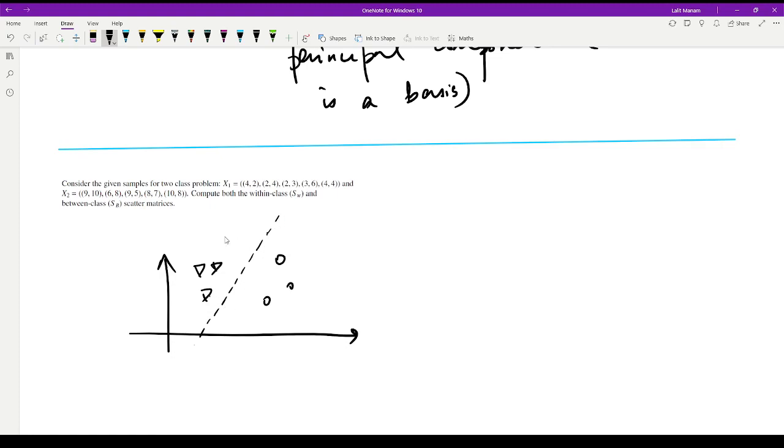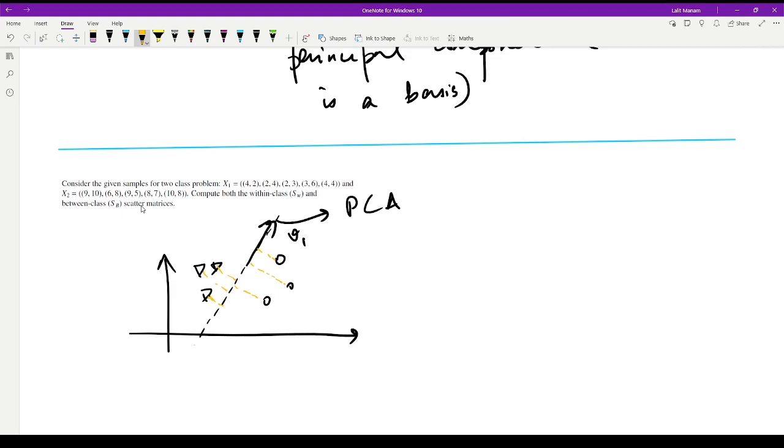If you do PCA on this, this direction is obtained by PCA. This is some principal component V1, for instance. If you project the data on this principal component, of course PCA is doing its own job. It's trying to give me the direction in which the variance is maximum, right?